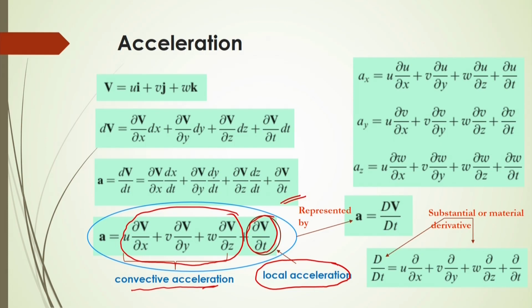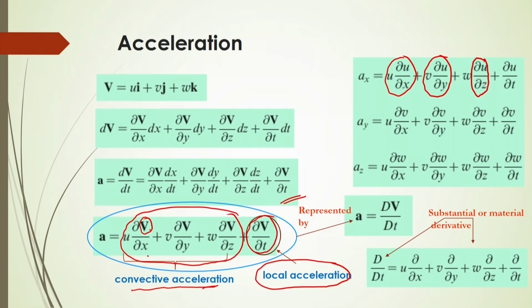Now, if we consider each component of this acceleration in the x, y and z directions, what should it be? In the x direction, this v should be u, and then the acceleration in the x direction will be u into dou u by dou x, in the y direction dou u dou y, and in the z direction dou u dou z.